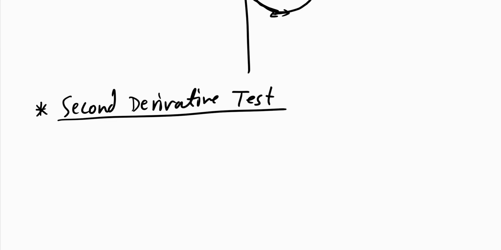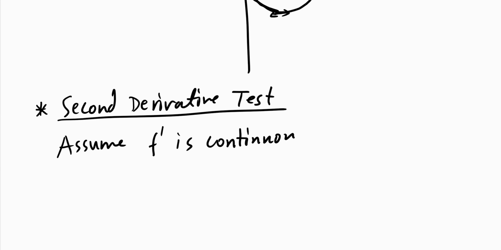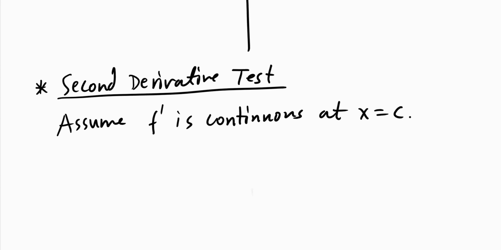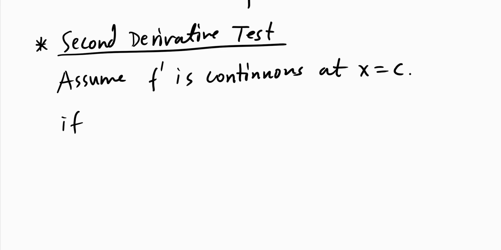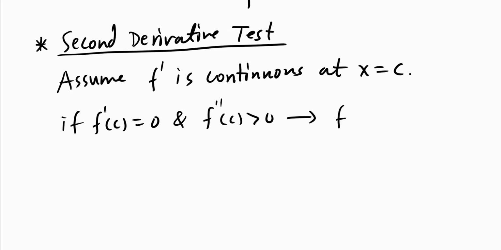So the second derivative test said assume that f prime, which is the first derivative of the function, is continuous at x equals c. And the test said if f prime at c is 0, means it's a critical number, and the second derivative at that point is bigger than 0, then f has a local min at x equals c.